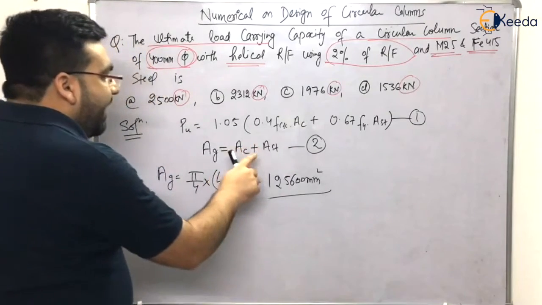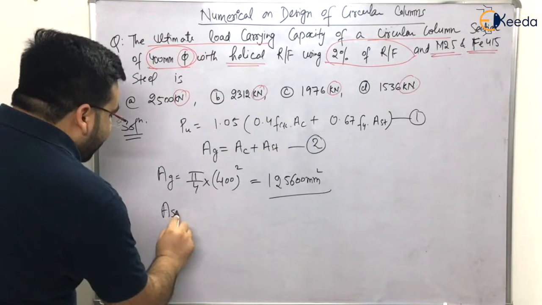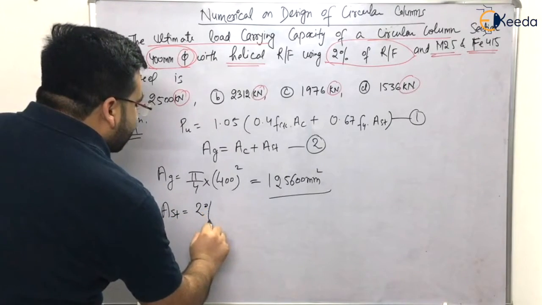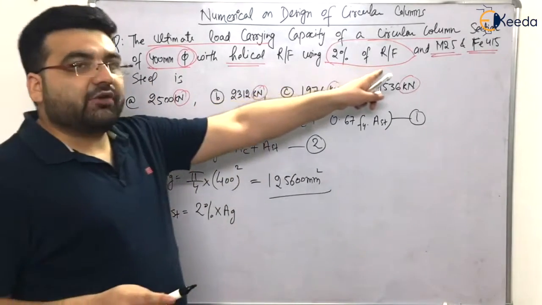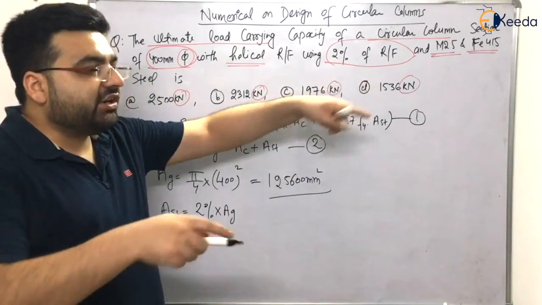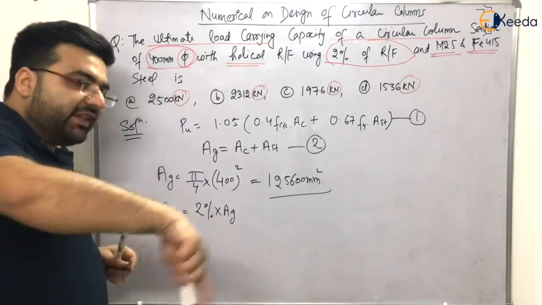Now I will determine Ast also. In the question it is given that Ast is equal to 2% of Ag, the gross area. It means 2% of reinforcement with respect to the gross area of the column.